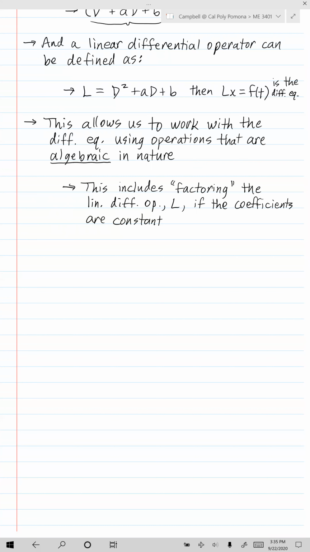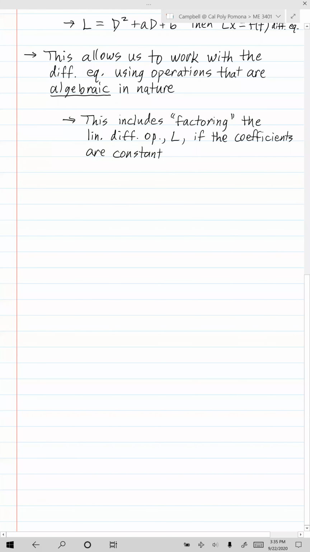Now we can see that with this representation, sure, we have these objects called differential equations, and they do have their own rules, but now we can express them in a notation where some of our more familiar rules from algebra start coming into play. And so that's very, very powerful, because most of us as engineers generally would rather work with algebraic expressions rather than dealing with these differential equations in and of themselves.